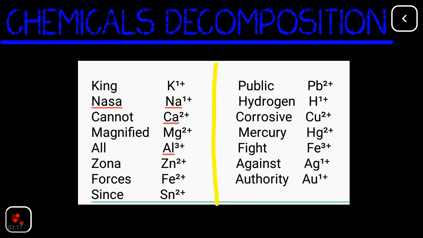gold. So to put this in series is kind of confusing, but if you use this mnemonic and you know these few statements, you're done, right? And it's very easy. Just: King Nasa cannot magnify all zonal forces since lead hydrogen corrosive mercury fights against authority.